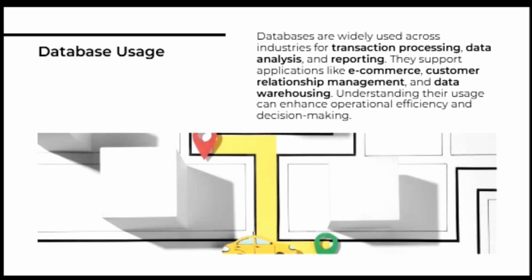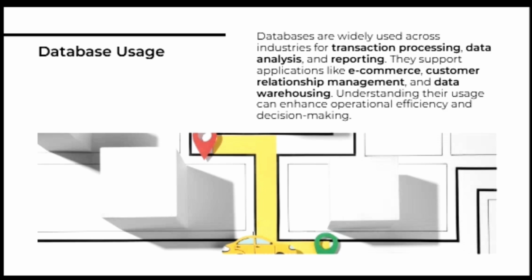Now, database uses. In different industries, you need a database for transaction processing, for reporting, and for analysis of data, and you can also use this data in the future.